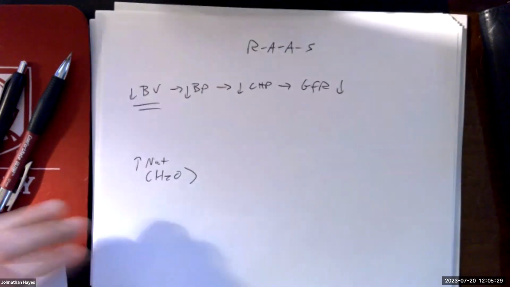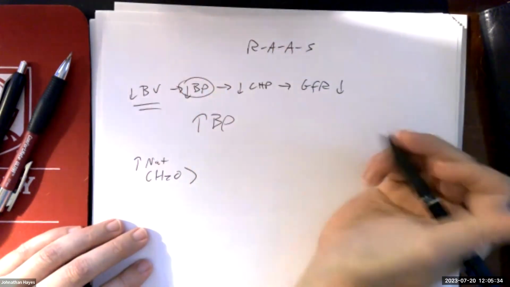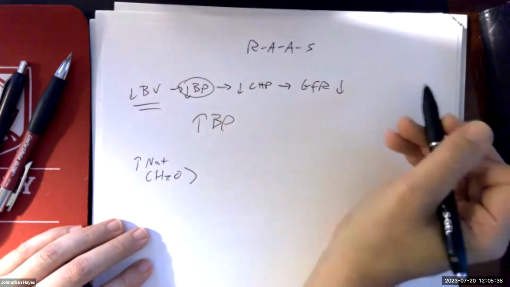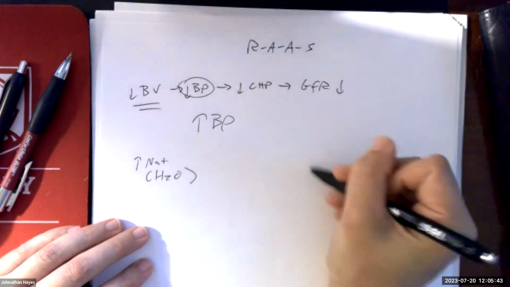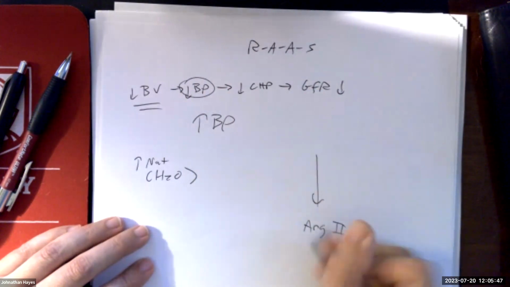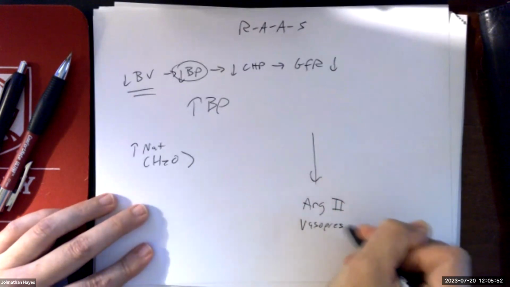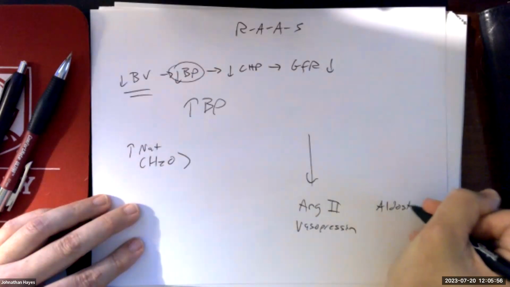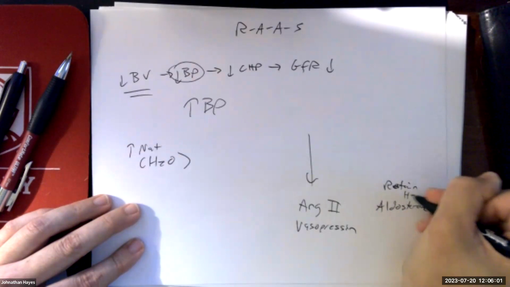Like if I am hypertensive, let's say I have high blood pressure, which many Americans do, do I want to run the renin-angiotensin-aldosterone system? Probably not. Because if I run it all the way to the end, I'm introducing two very strong vasoconstrictors and I'm retaining water.